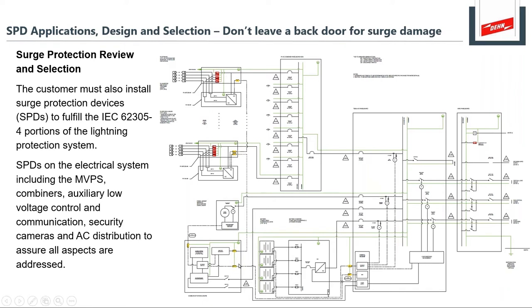These are distributed across a large area where you have both earthing and surge protection challenges. And so what's important is to examine your electrical schematics, understand where these devices are distributed across your plant, and apply surge protection devices. You don't want to leave a back door for surge damage to come through a data connection into a very expensive combiner converter on your solar power plant.